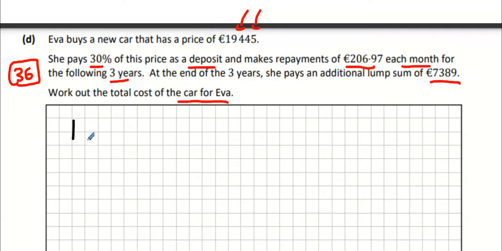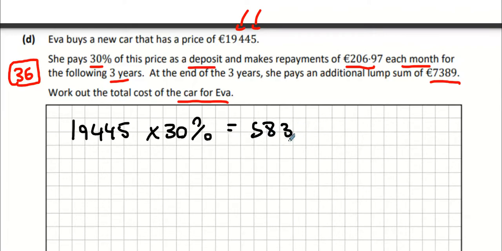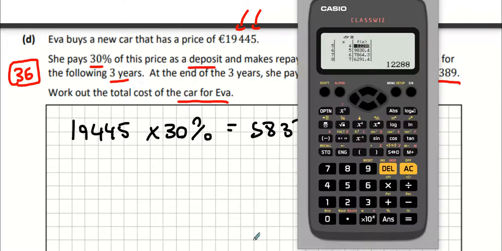No hassle. We get 30% of the price using our calculator. So we put that in and multiply by 30%, and we should get 5,833.50, we're hoping. Okay, 19445 multiplied by 30 shift percent.